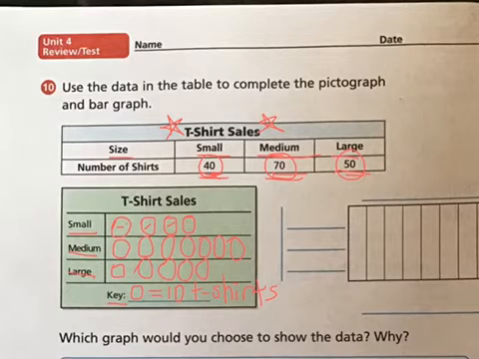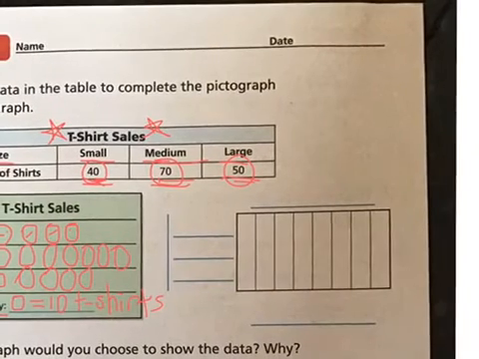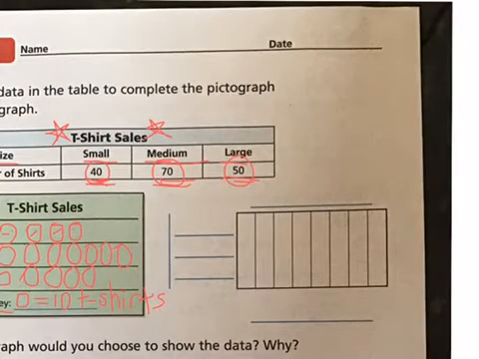The next one they want us to solve is to use the same information to fill out this bar graph. So we need to make a title. I'm going to switch my color to blue. This is going to be called T-shirt sales. Bar graphs need to have a title. Bar graphs also need to have the different axes labeled.